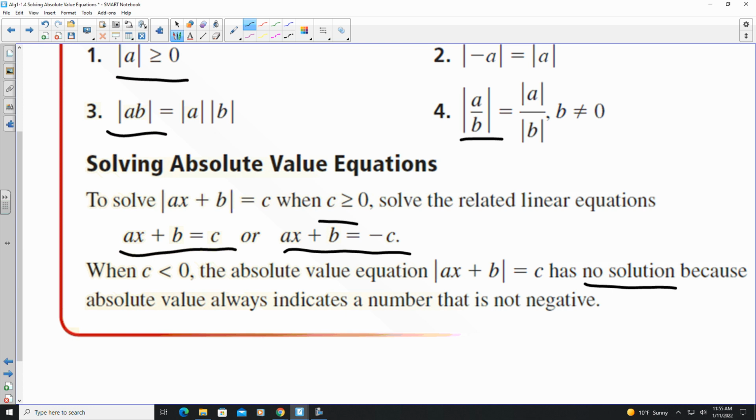The reason for that is inside an absolute value expression, it can be both positive and negative, but once you've expressed that absolute value in simplest form, it will in fact be a positive number.